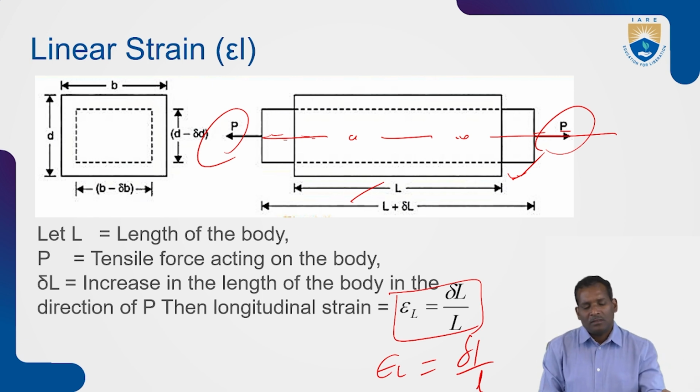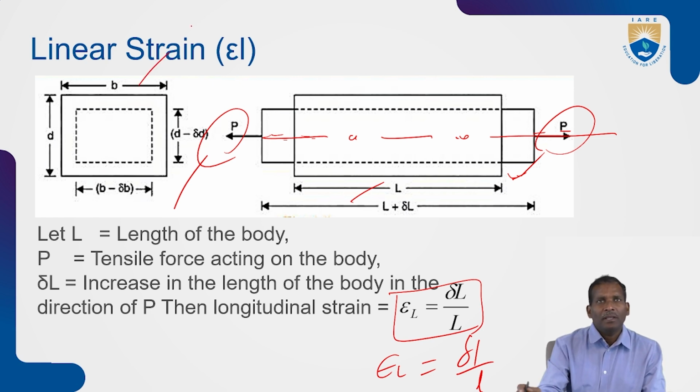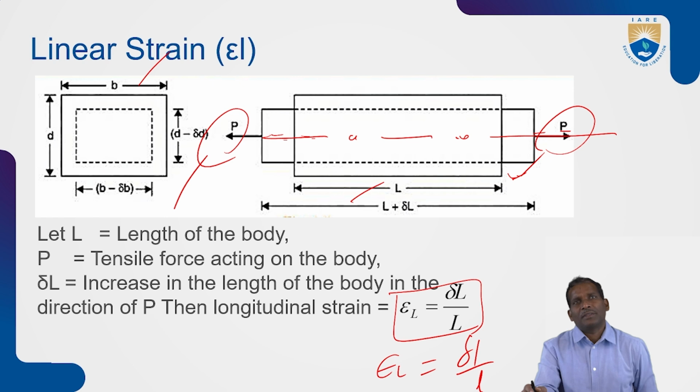In the width and diameter, the original width is B, and the change in width is subtracted from the original width.